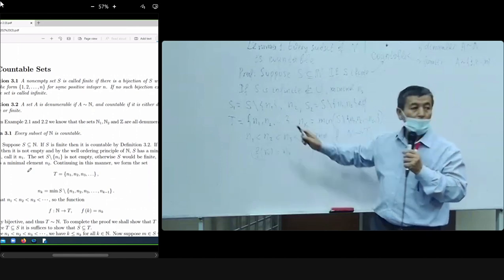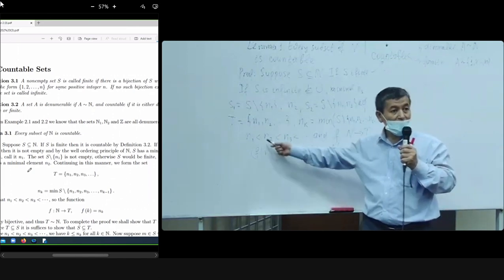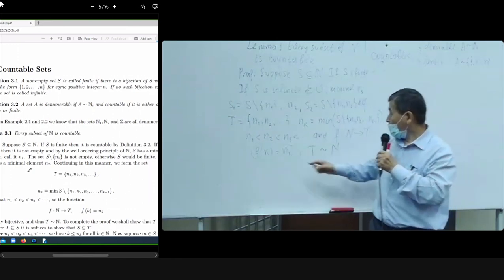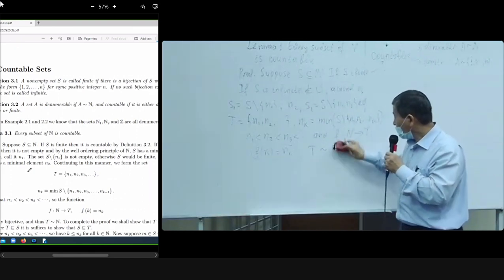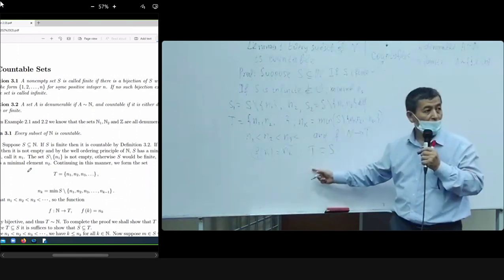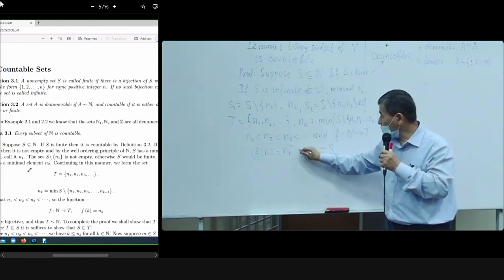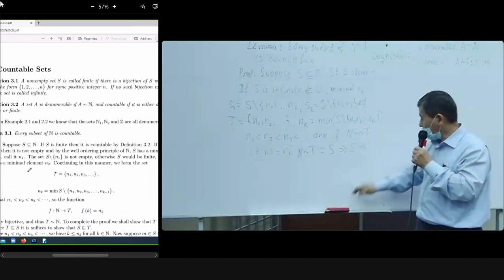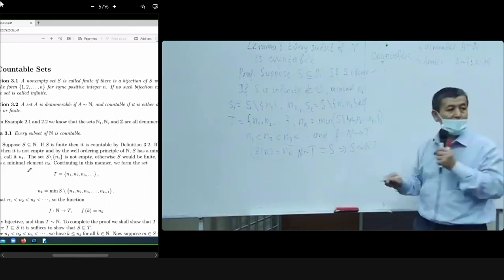So actually we are taking out all the elements of S. It means n1, n2, n3 are taken out from S, but after infinitely many elements, this T becomes equal to S. And since T is equivalent to N, from here I can say S is equivalent to N, because of transitivity.